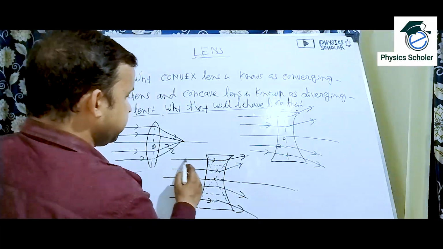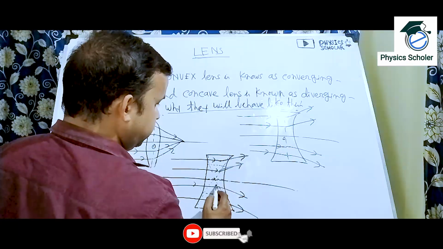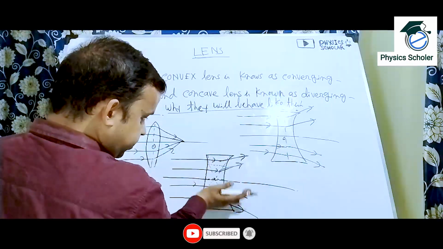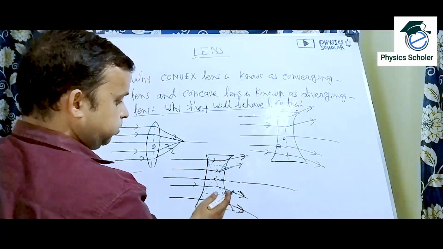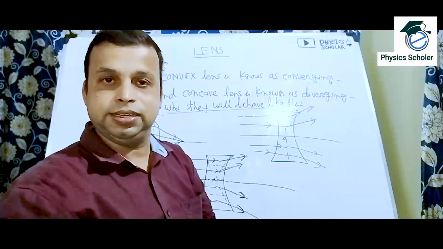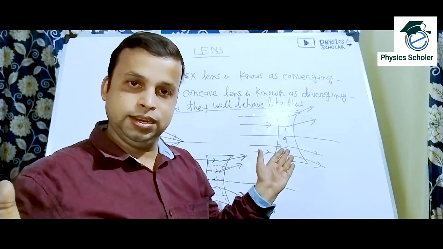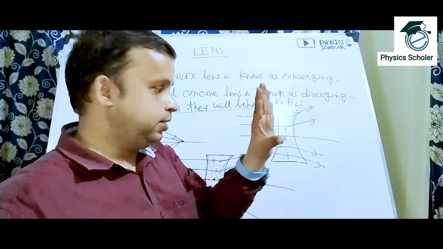So when the ray is refracted through it, it will move towards the base of the prism, meaning towards upside, and the ray below the principal axis will also move towards the base of the prism, that means towards downside. That means upside and downside. What will be the nature? Divergent. So these are the reasons why they behave like this.